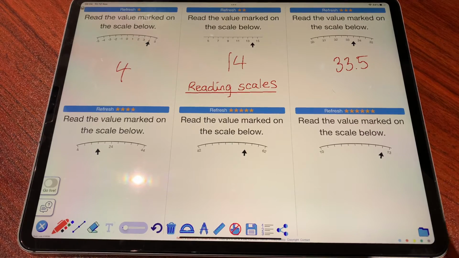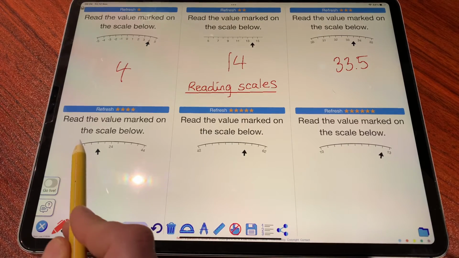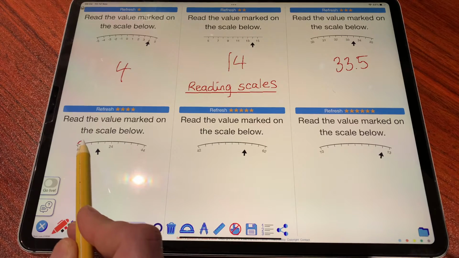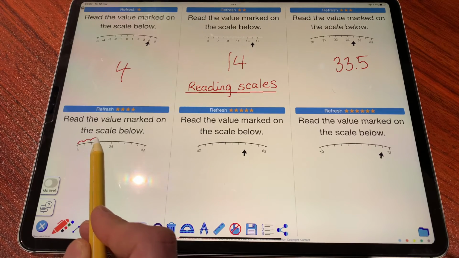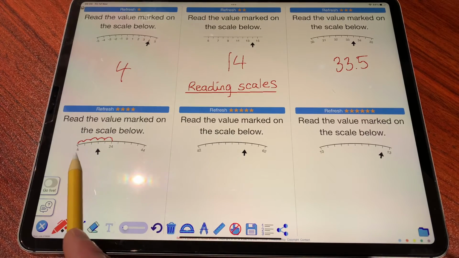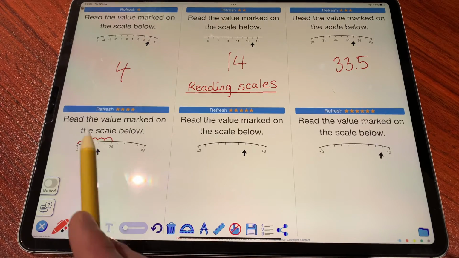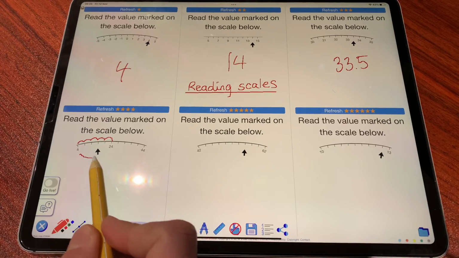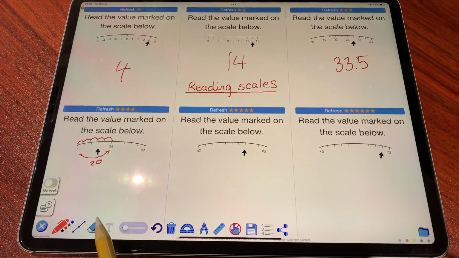Now sometimes the scale might not necessarily be going up by 1 or going up by a half, and it will be a scale that I need to work out. So here I can see I've got 1, 2, 3, 4, 5 jumps in between 4 and 24. Now I can see that there's a gap of 20 in between these 2 numbers.